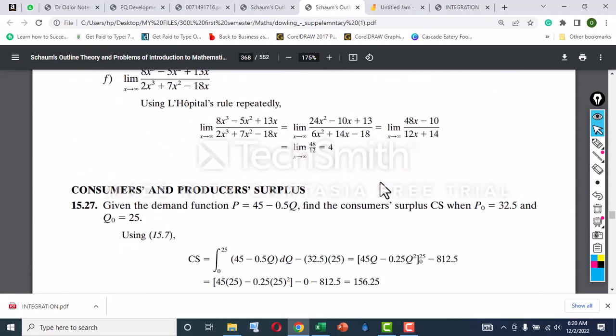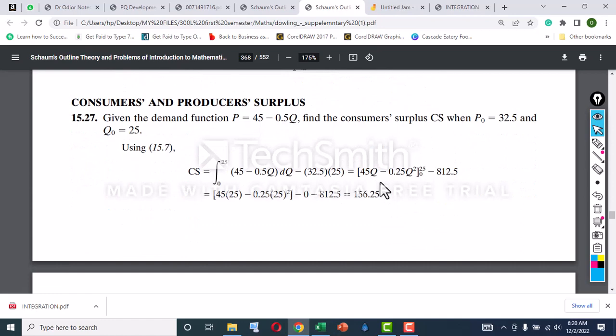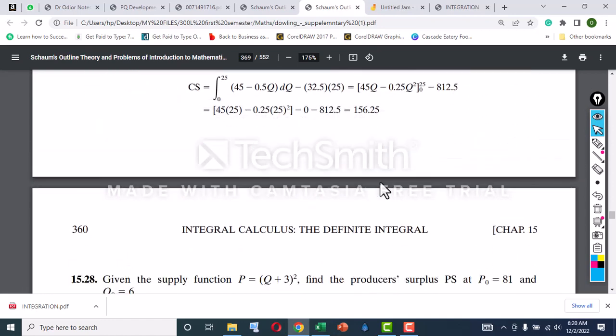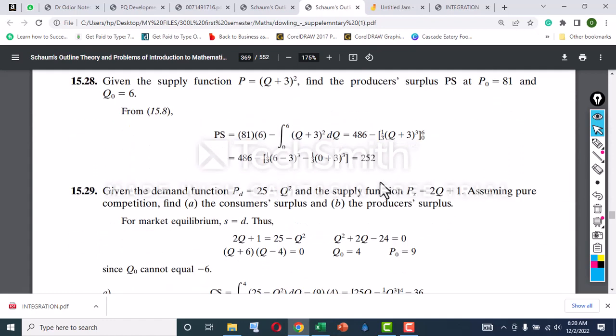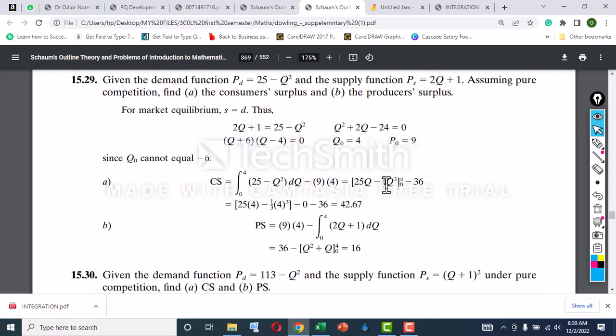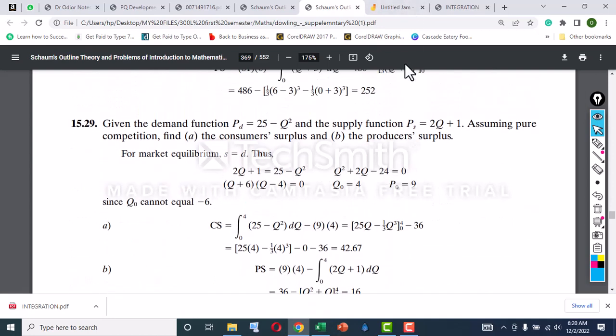This is just consumer surplus. Just producer surplus. Yeah, this is what I'm looking for. This is consumer and producer surplus. So with this, you'll be able to solve any that just has one of them.